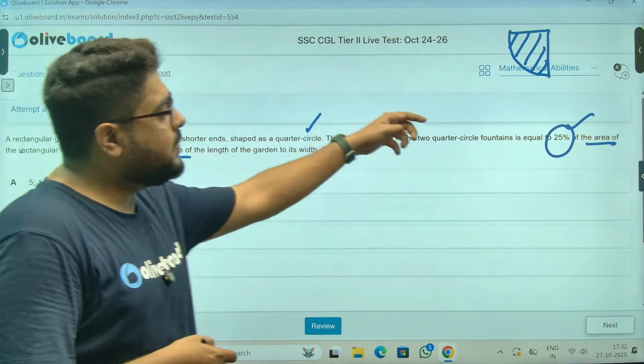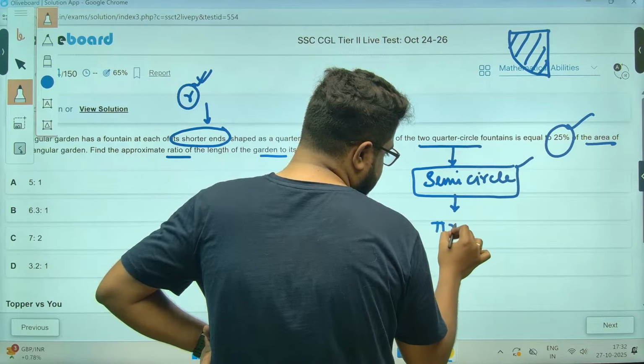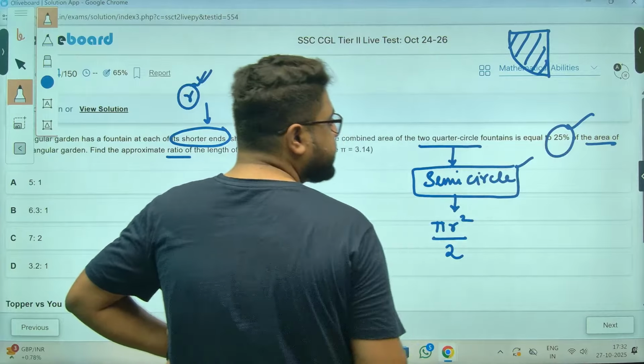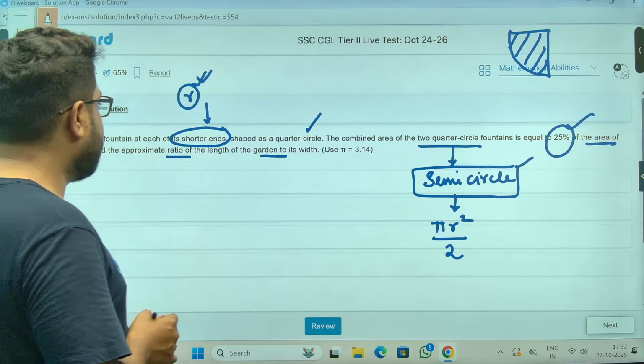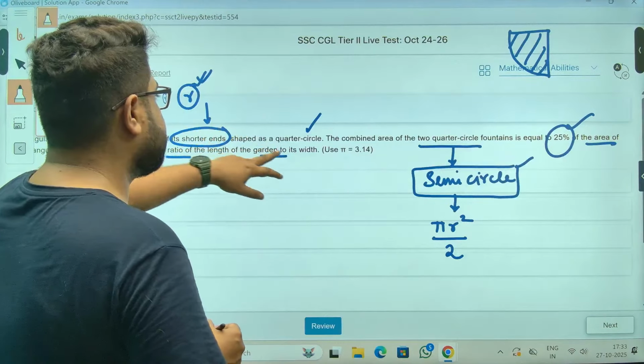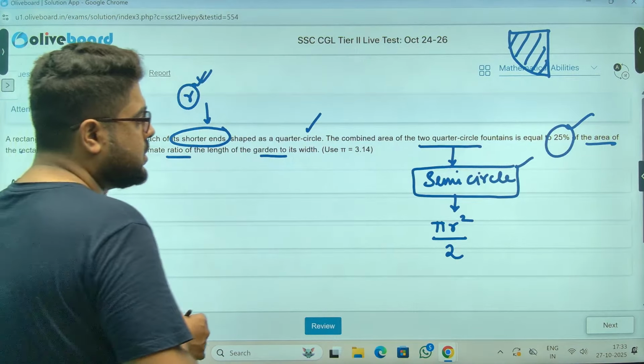Combined area. Two quarter circles meaning a half circle, or semicircle. I should write two quarter circles. That means this will be a semicircle, sir. Semicircle means it is pi r square divided by 2. Now they are saying fountain, shorter ends, quarter circle, combined area, area of the rectangular garden.